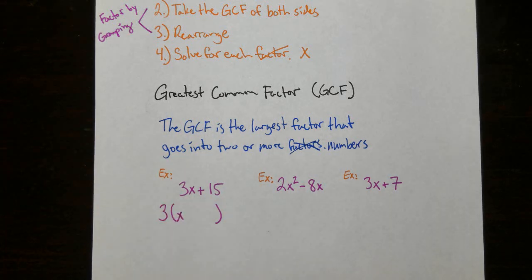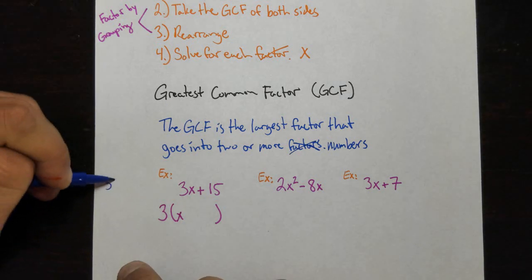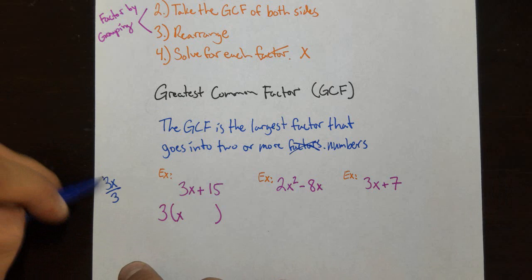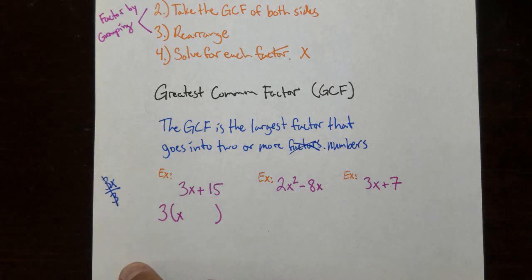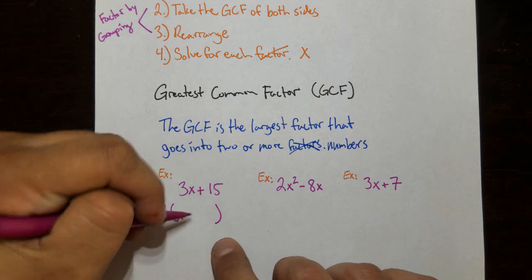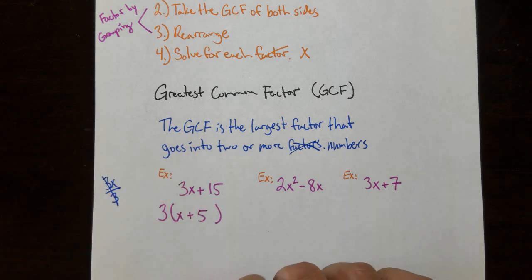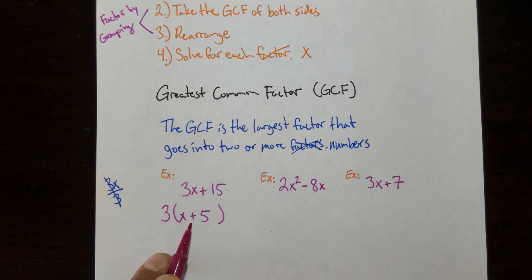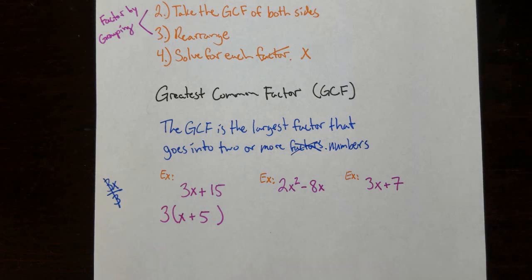And if you don't believe me, we can think of it like this. 3x divided by 3, well, the 3's cancel, and we're just left with x. So it is x. And then 15 divided by 3 is plus 5. So we just took the greatest common factor out, and we have basically the quotient, what we have after dividing that 3 out.